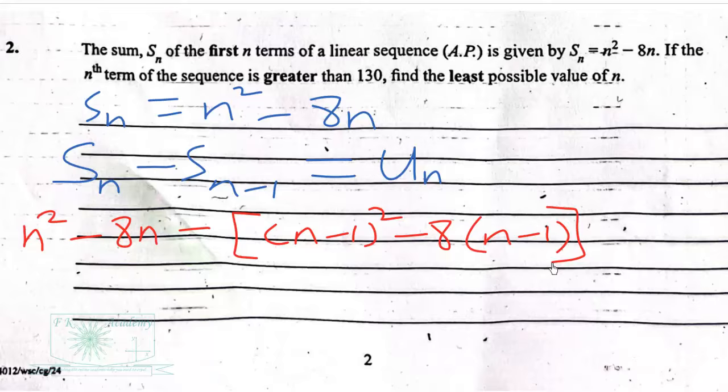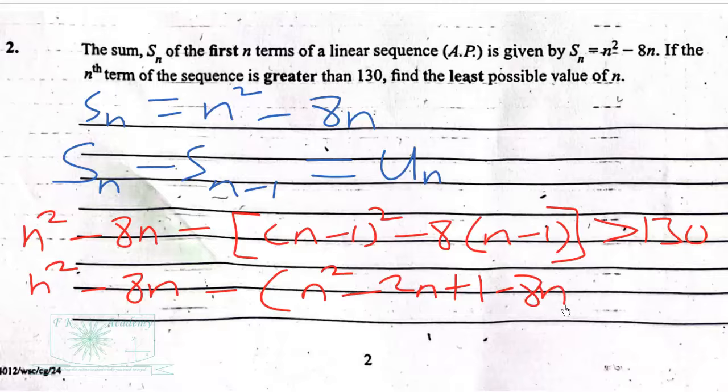And they said this is greater than 130. So we have to simplify this. We have n squared minus 8n, and then we have minus into bracket n squared minus 2n plus 1 minus 8n plus 8 is greater than 130.